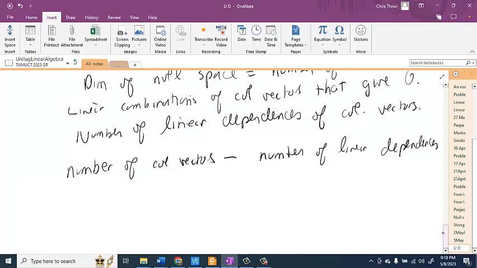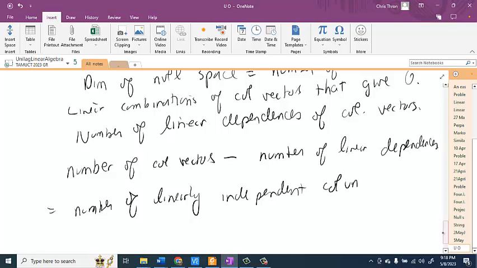So that's going to be equal to the number of linearly independent columns. Each time I get a linear dependence relation, I can subtract one vector.